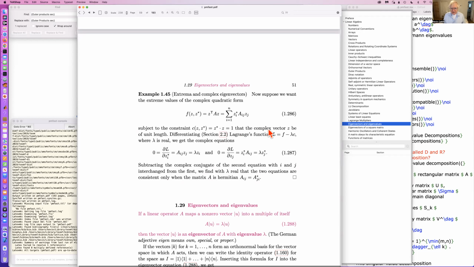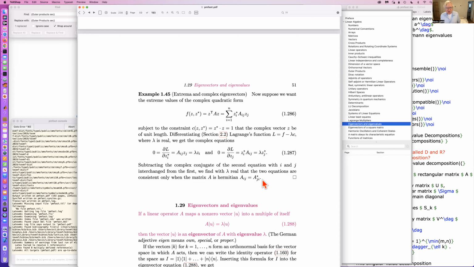Well, applying the Lagrange multiplier technique, the Lagrange function is f minus lambda c, where lambda is real. We get these complex equations as well as the equation c equals 1, and subtracting the complex conjugate of this from that, interchanging i and j, we find, since lambda is real, that the two equations are consistent only if the matrix A is Hermitian.